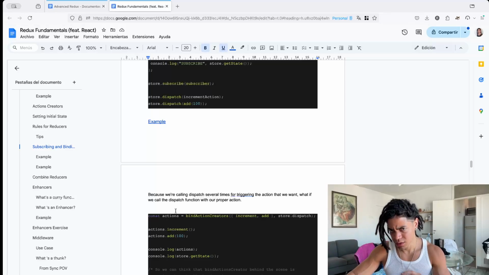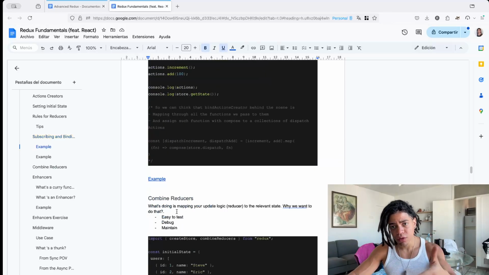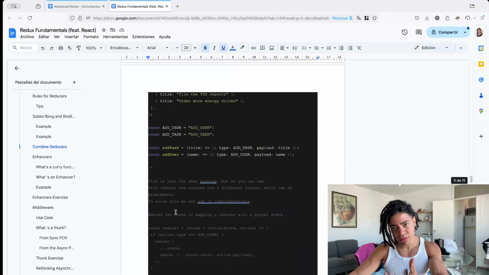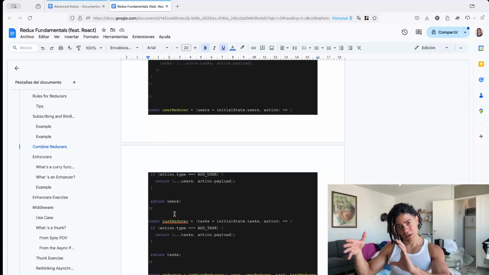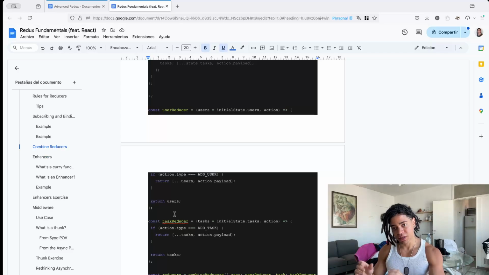And it's going to provide you the proper actions that are going to call that dispatch function in the Redux store. So far so good, because as we move on, we look at combineReducers. This is useful, especially if you want to have specific update logic in its own separate module, its own separate function. So this is the update logic for, let's say, users, orders, and products, especially if you're building an e-commerce.